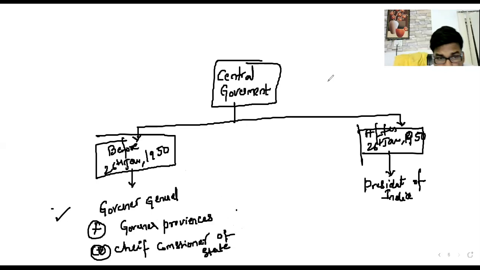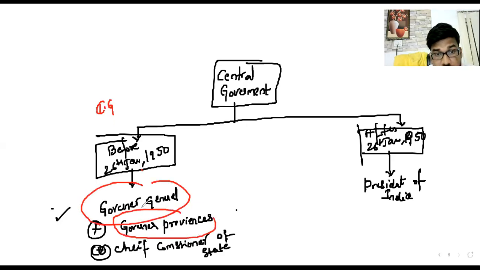This is nothing but central government before 1950: a combination of Governor General, Governor of Provinces, and Chief Commissioner of State.